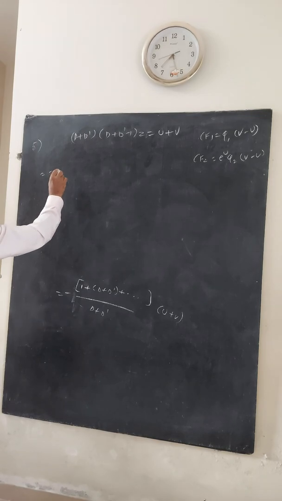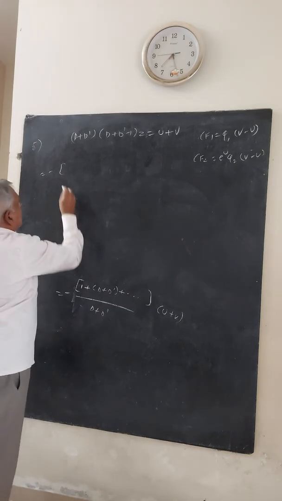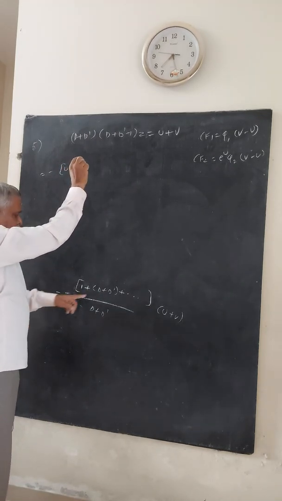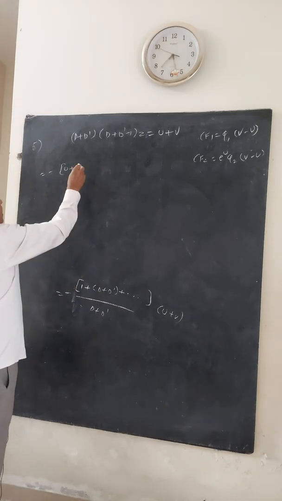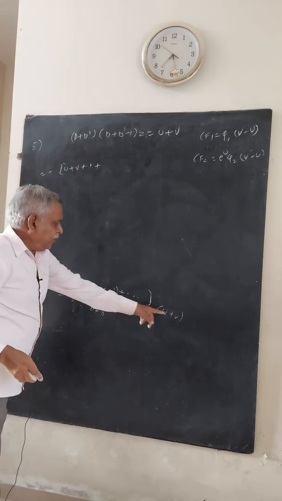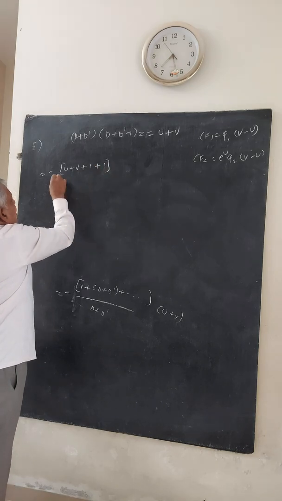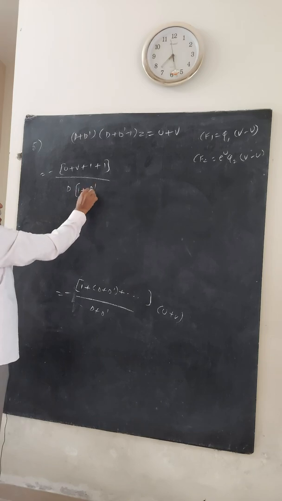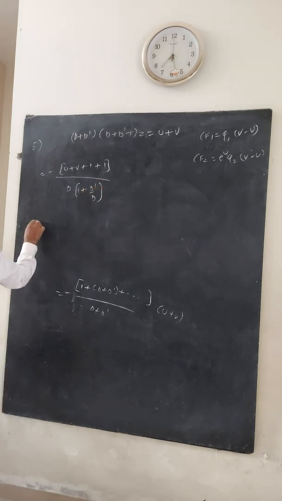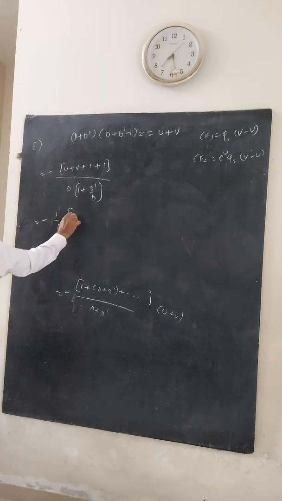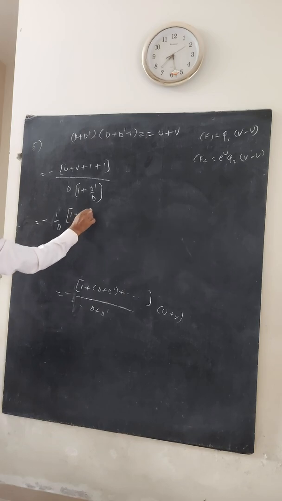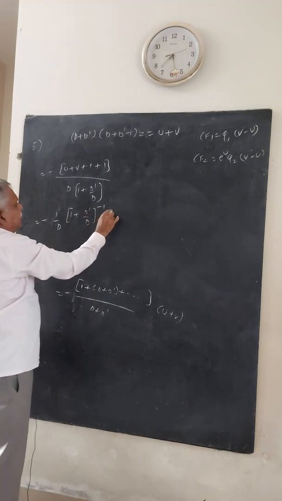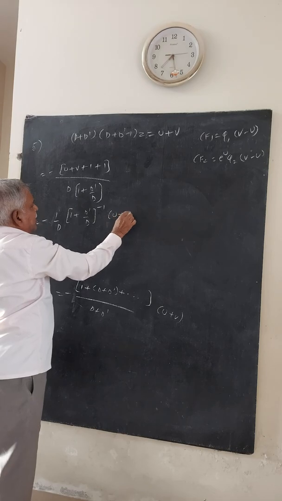Equal to negative. Bring u plus v inside. D of u is 1, D dash of v is 1, divided by D, take out 1 plus D dash by D, take to the numerator D dash by D of minus 1 of u plus v plus 2.